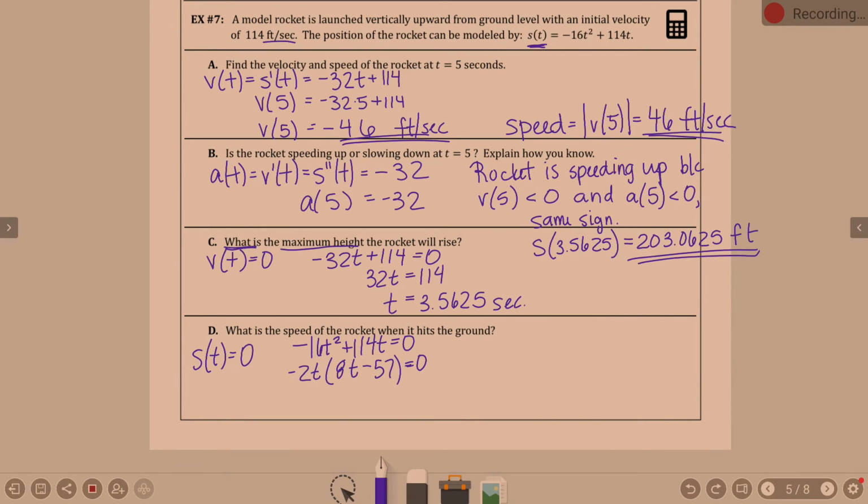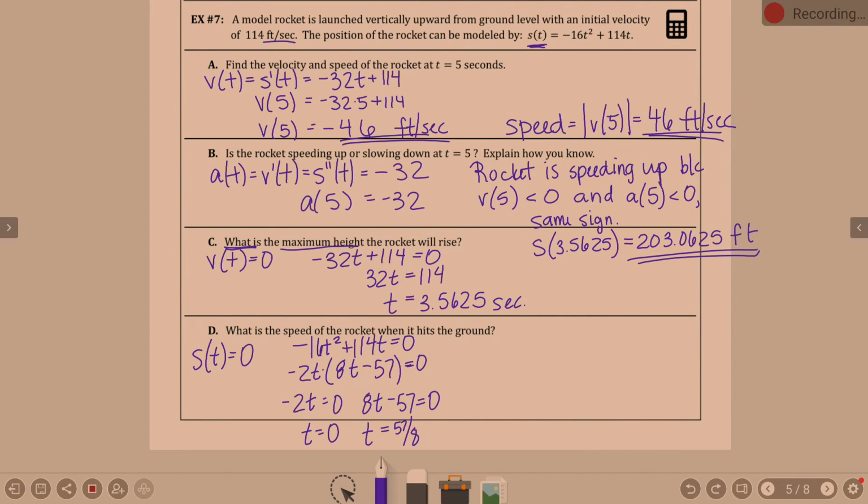I have two factors multiplying to equal 0. So set each part equal to 0. Negative 2t equals 0, or 8t minus 57 equals 0. So we get values there of 0 and 57/8. I honestly just left it as 57/8 because it was easier that way.